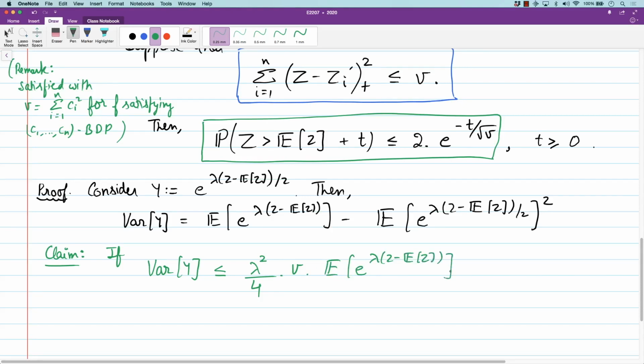So suppose you can show that, then we can derive a nice bound for the log moment generating function.